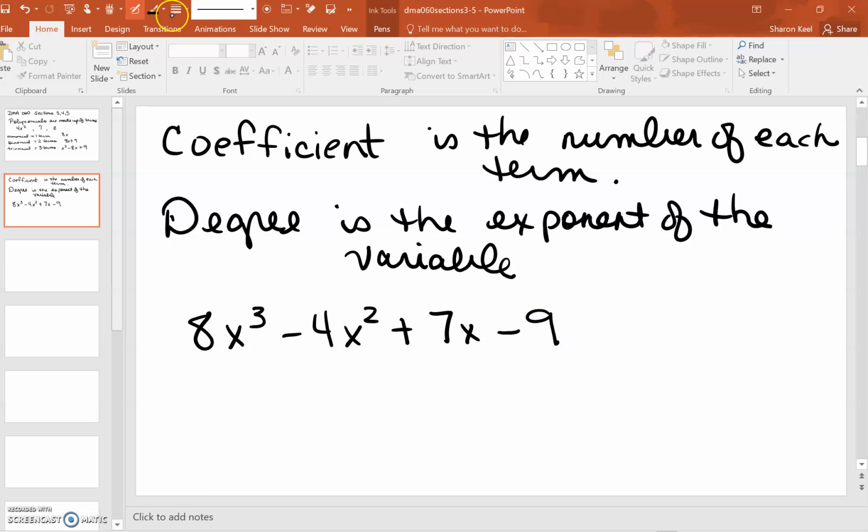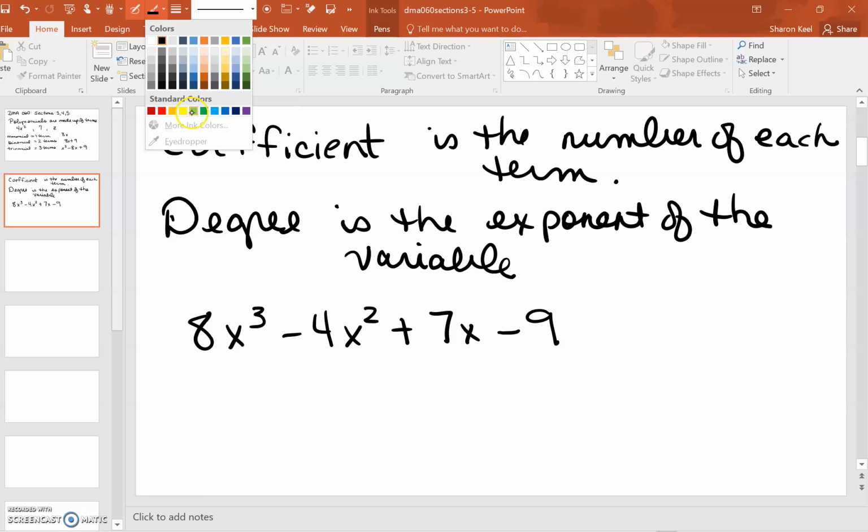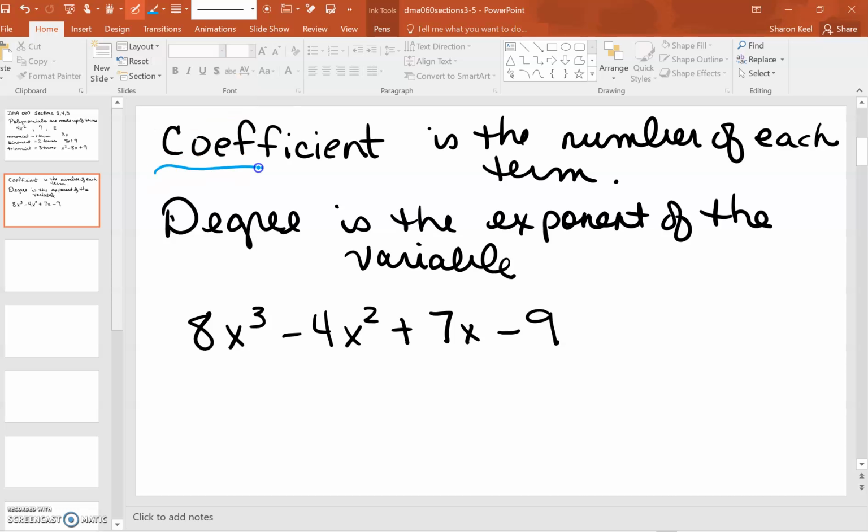Okay? If I were to give you this, and let's say I wanted to identify the coefficient in blue. The coefficient of this first term is a positive 8. The coefficient of this term is a negative 4. The coefficient of this term is 7. The coefficient of this term is a negative 9. If I want to identify the degree, I'm going to use yellow. The degree of this term is cubed.